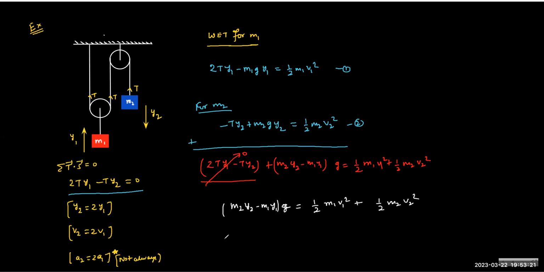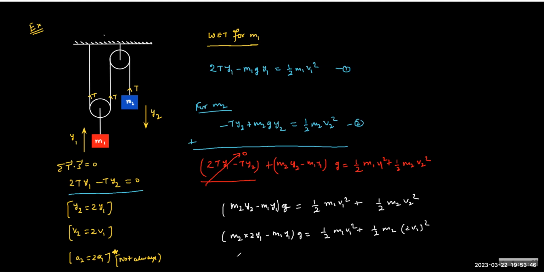We know y2 is twice y1, so I can convert this into y1. So M2 and y2 becomes twice y1. I'll keep V1 as such, but V2 we have to replace. So V2 is what? Twice V1 square.